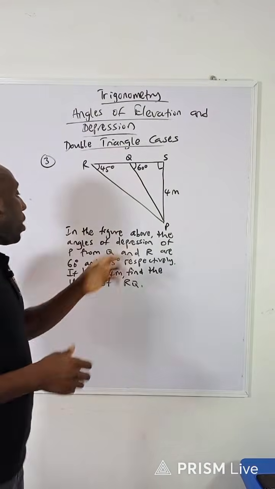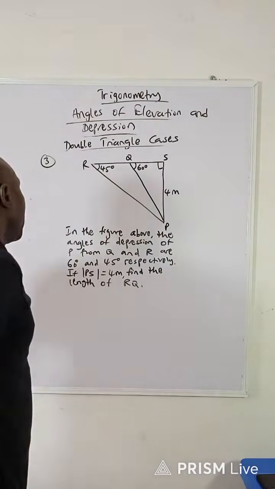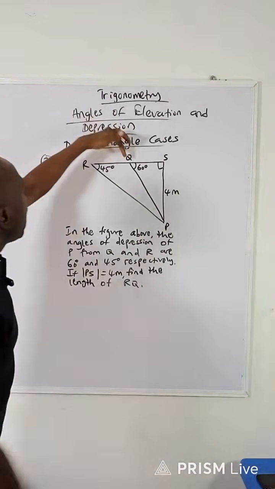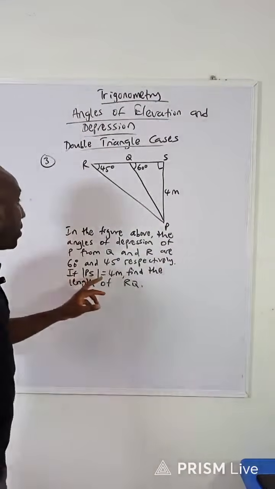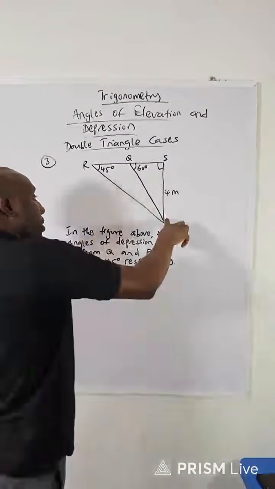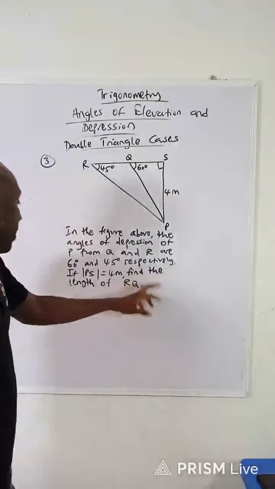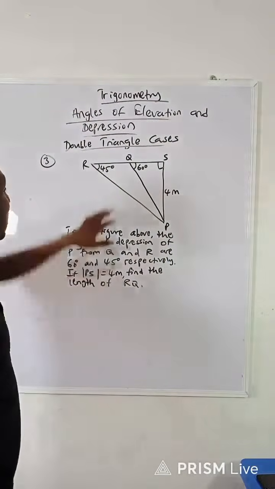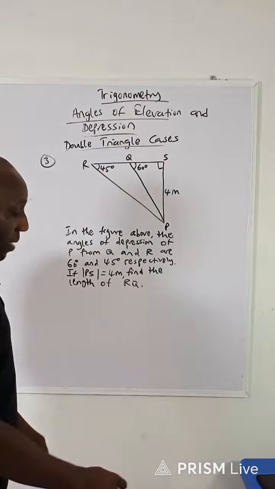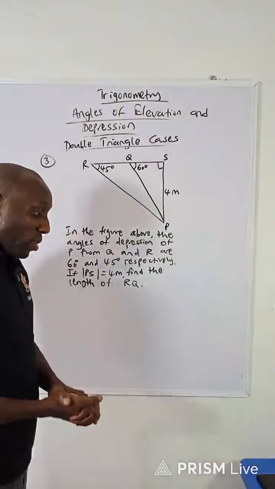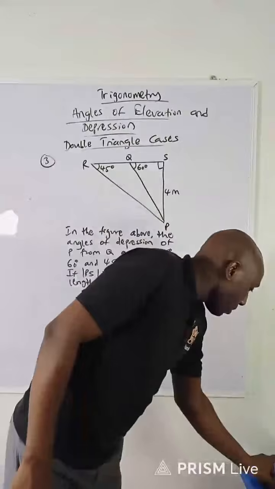So in the figure above, the angles of depression from Q and R, Q here, R here, respectively. If PS is 4 meters, that's from P to S, find the length of RQ. So from here to here. I think this is similar to the first one we did under this topic. Yes, it is similar.